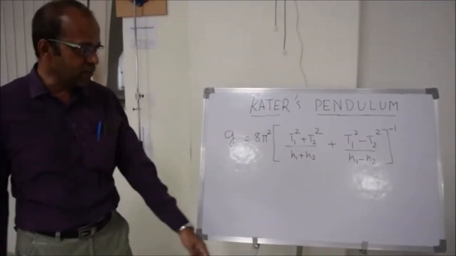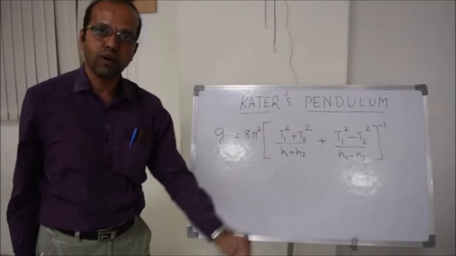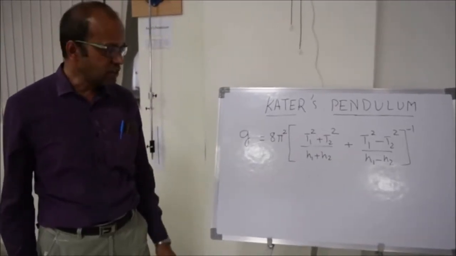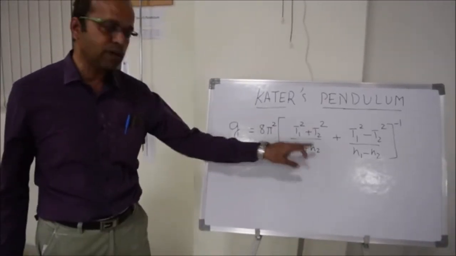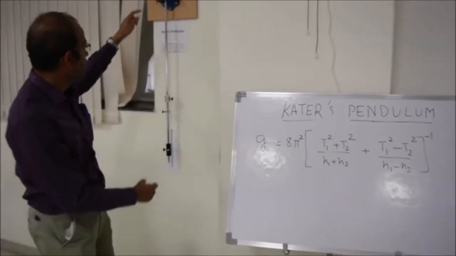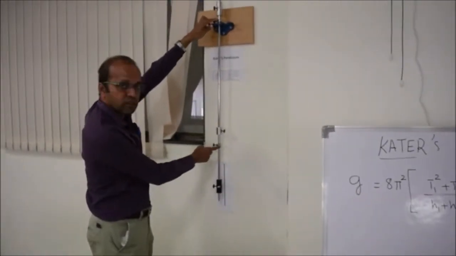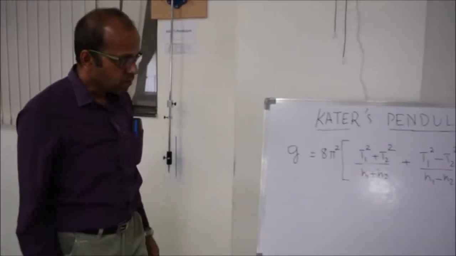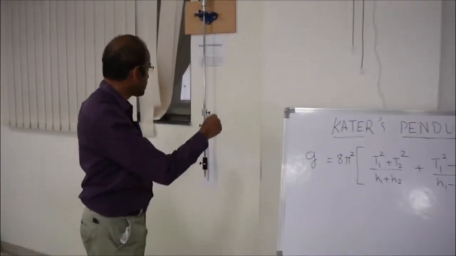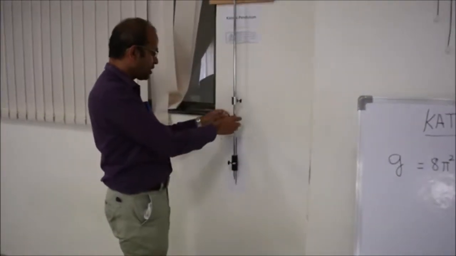In that case, I do not need to know h1 minus h2. I will simply do the experiment knowing just h1 plus h2, which is nothing but the distance between the knife edges. For that, of course, I will have to do the experiment multiple times and carefully adjust.